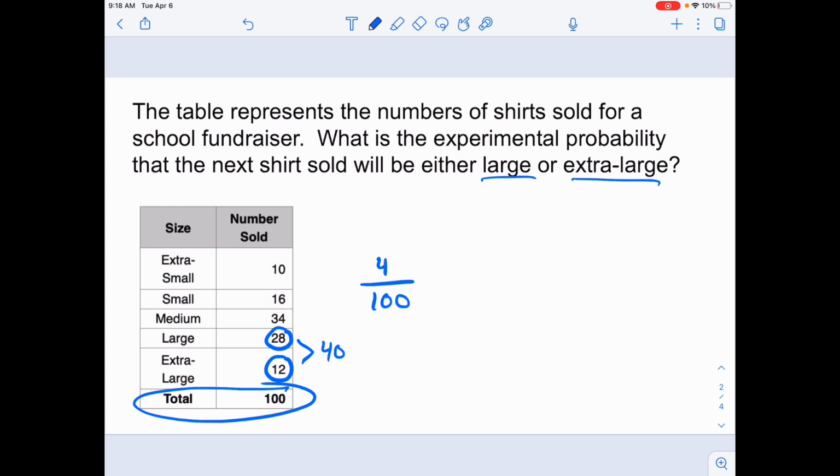So 40 out of 100 were either large or extra large. If we simplify that, the experimental probability that the next shirt will be large or extra large is 2 out of 5. So there's a 2/5 chance or a 40% chance that the next shirt will be large or extra large.